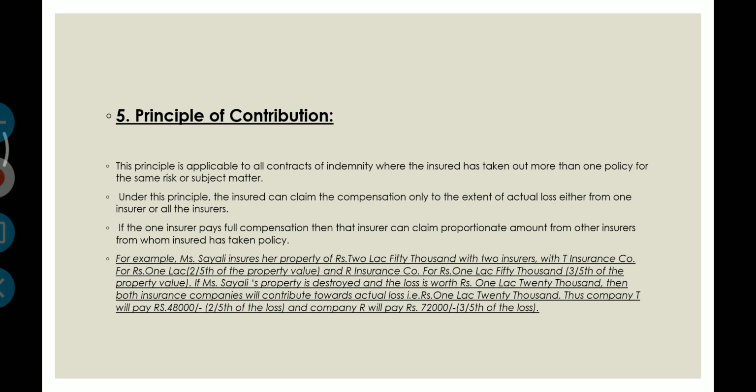So the 60,000 will be divided into 6 parts, and the loss compensated by company A will be 30,000, B will be 20,000, and C will be 10,000. Also, it can be done in a way that the entire 60,000 amount is paid by company A, and then company A goes to company B and C and asks for 20,000 and 10,000 respectively.